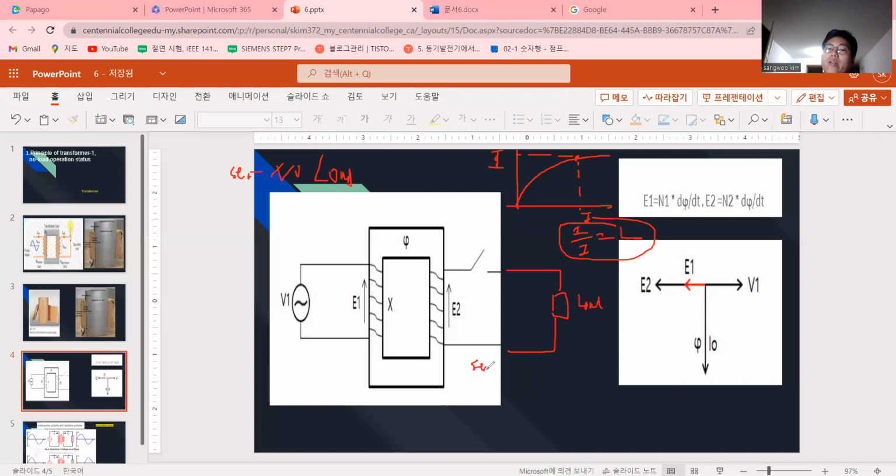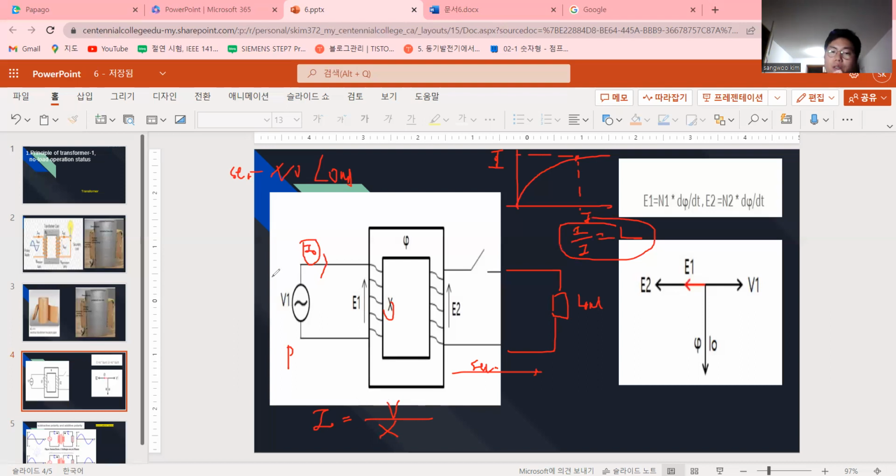Since the secondary is open, the secondary part doesn't work. This is the primary, right? So we think of Ohm's law. Here is the current I0, which we call the exciting current. So I0 equals V over X, where X is the reactance.